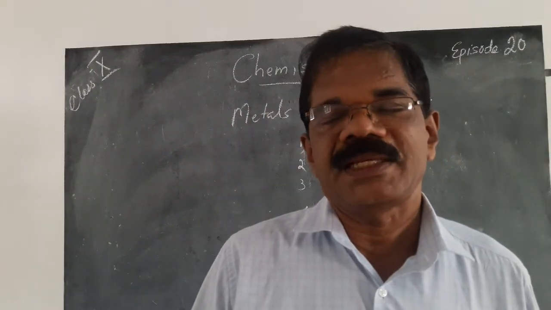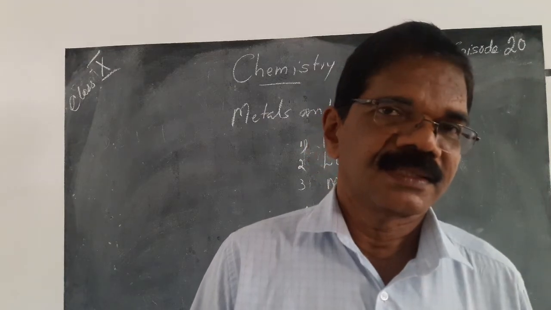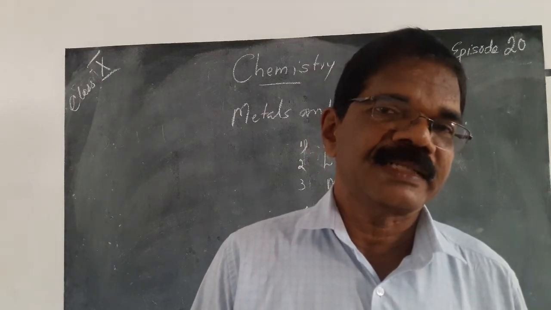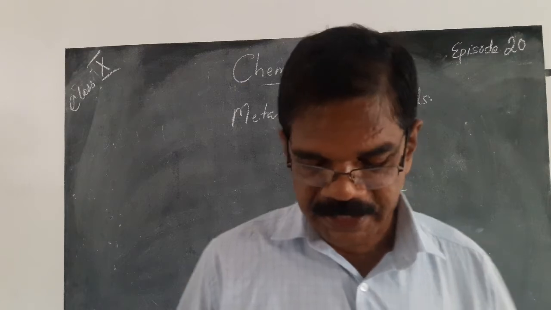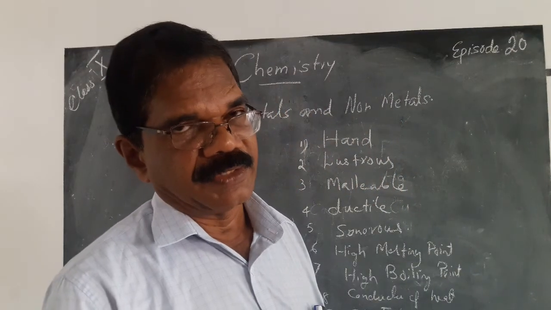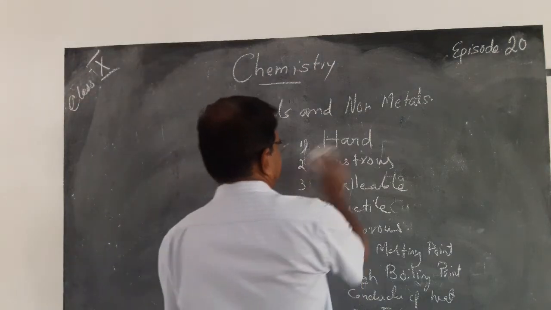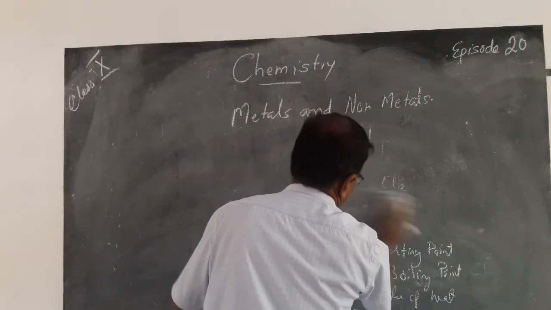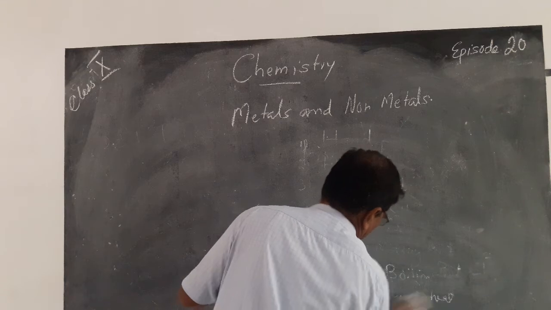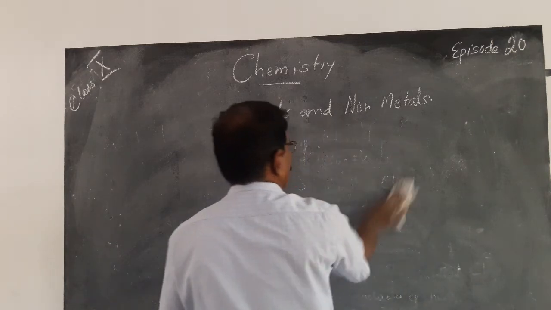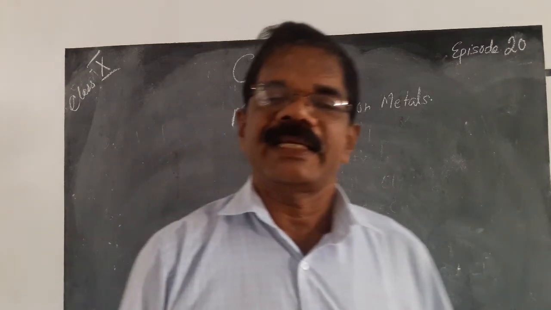Out of these 22 non-metals, some of them are found in the solid state, some of them in the liquid state, some of them gaseous. You can find examples for each. Hydrogen.